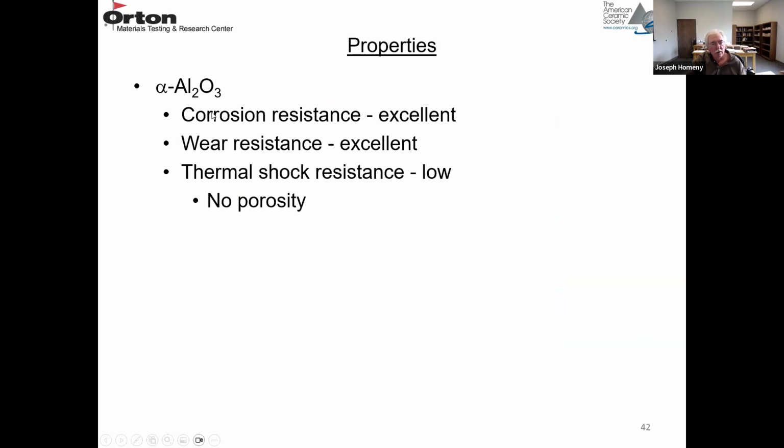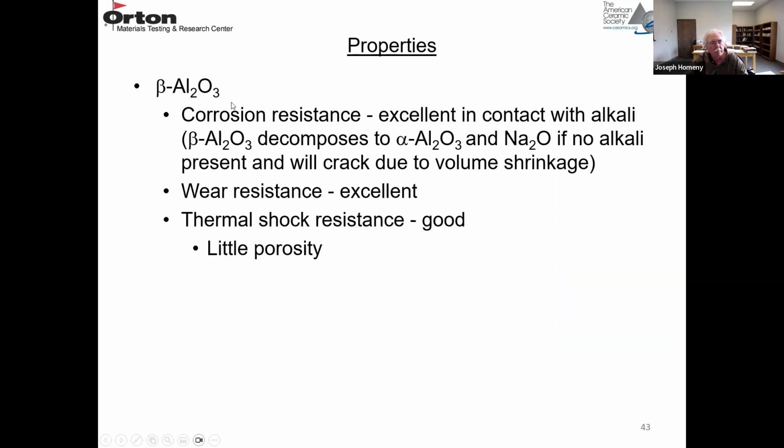Alpha alumina has really good corrosion resistance. It's a hard material, so it has excellent wear resistance. And for all of these, because they're dense, they're going to have very poor thermal shock resistance. The beta alumina is excellent in contact with a molten material that contains an alkali. So this beta alumina will decompose to alpha alumina and Na2O if no alkali is present.